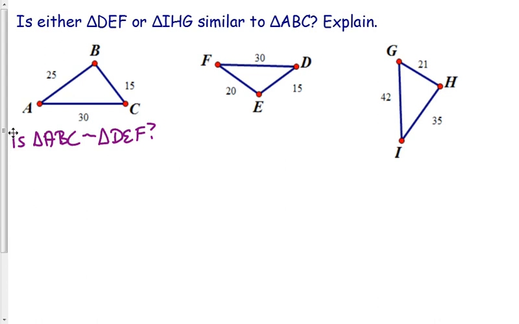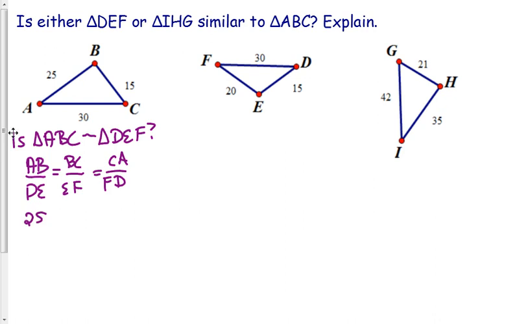So the first thing I do when doing these is write out the proportion. So AB, BC, CA, and then DE, EF, FD. The reason I do this is because if the order is switched in how the problem is presented, I want to make sure that I'm accurate when doing these. And then I'm going to go in and fill out all of this information.